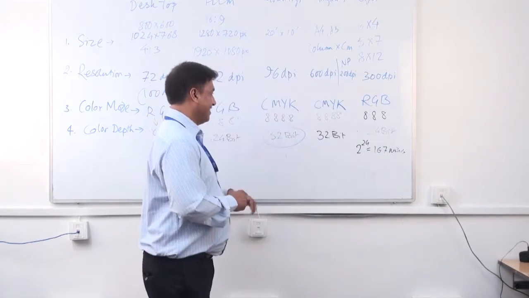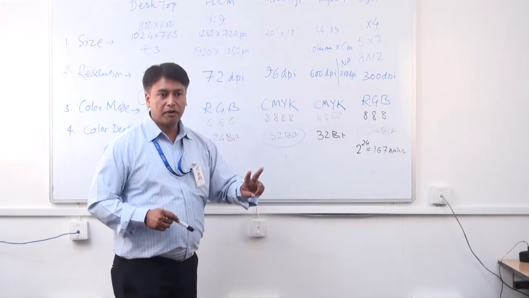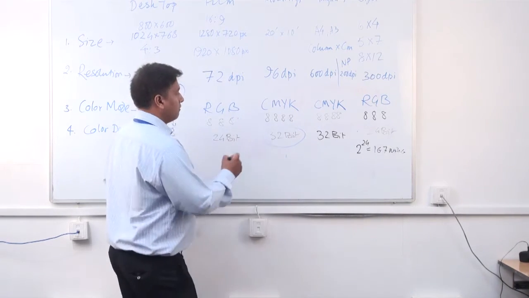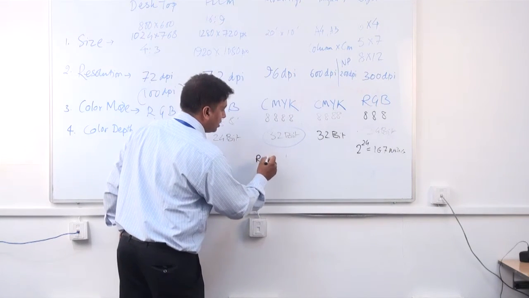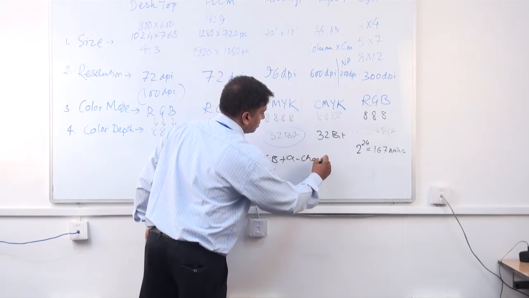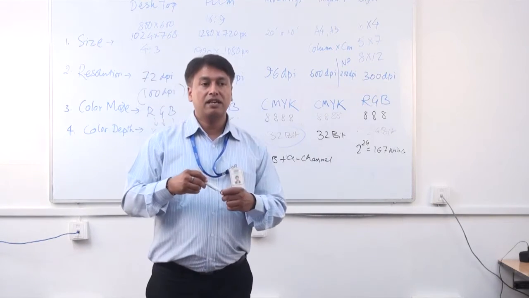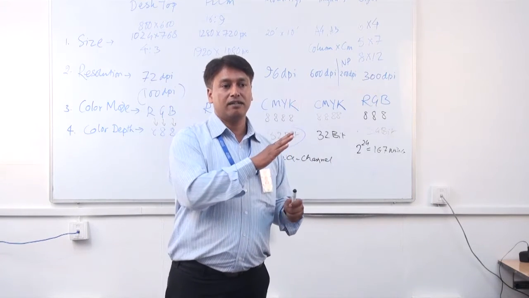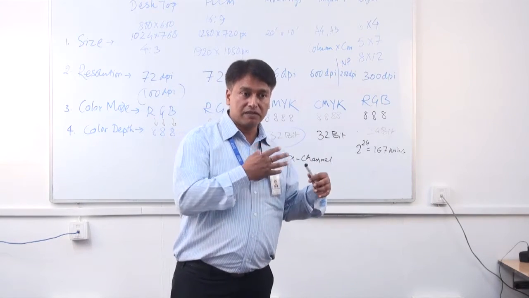Okay, nice. So coming to the 32-bit images. There are 2 types of 32-bit images. First is CMYK and another is RGB plus an alpha channel. I was talking to you about a computer-generated graphic or character that has a transparent background so that it is mixed with a live video.